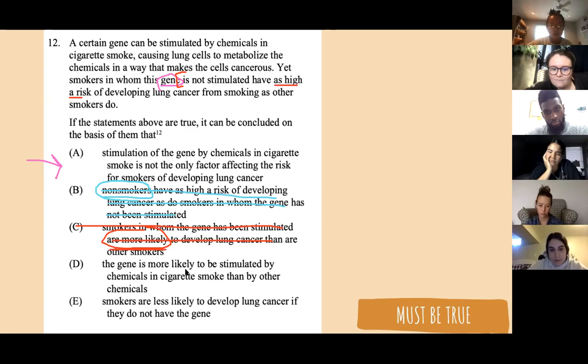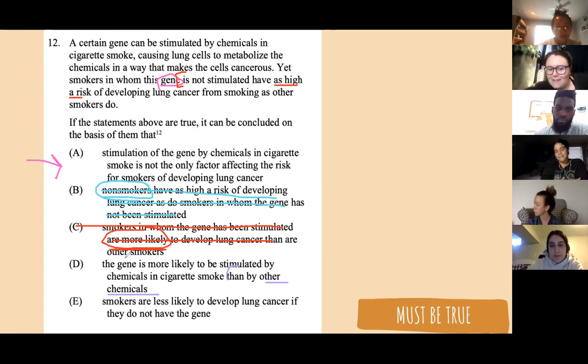We only know that the gene is caused by chemicals in cigarette smoke. Yeah, do we know anything about other chemicals? Whenever we hear this, our worldly knowledge says yeah, the gene is more likely caused by cigarette smoke than some other chemical, but we have no idea about this other chemical. So we don't get to say that.